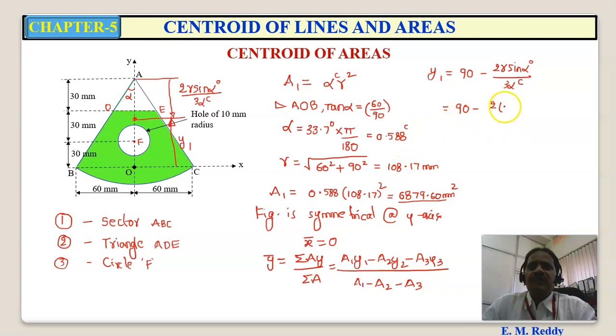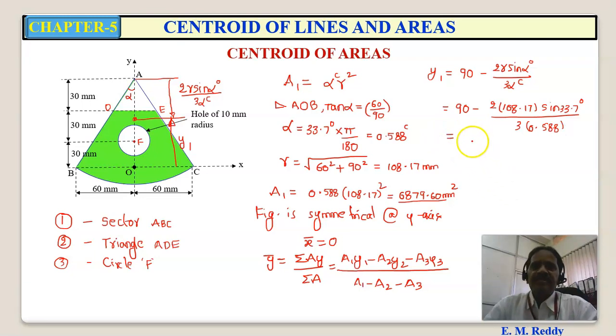It is 108.17, into sine alpha, alpha in degrees, that is 33.7, upon 3 alpha, alpha in radians, 0.588. So solving this, you get y1 as 21.95 millimeters. Is it clear? So now we have got a1, y1. Now a2.